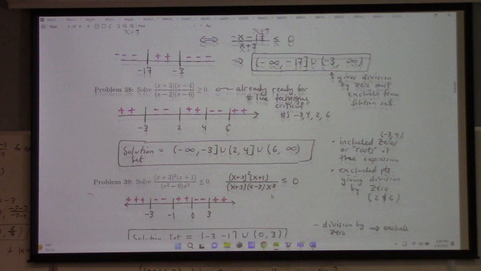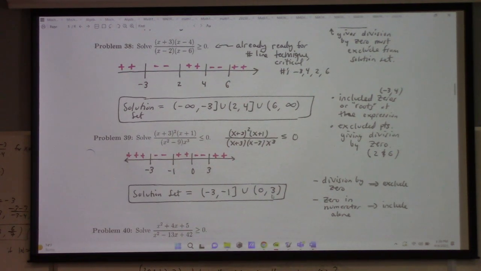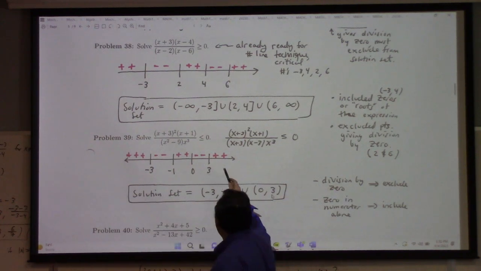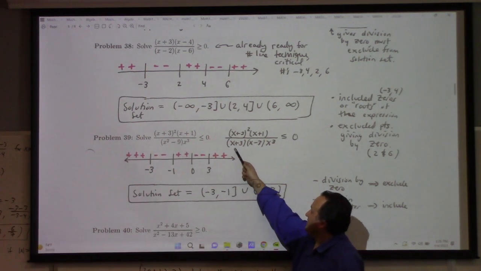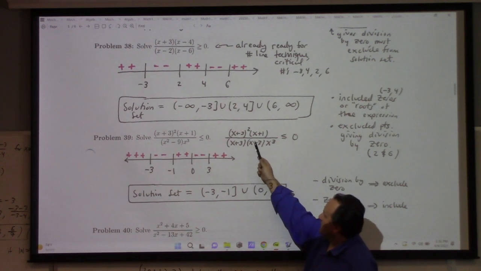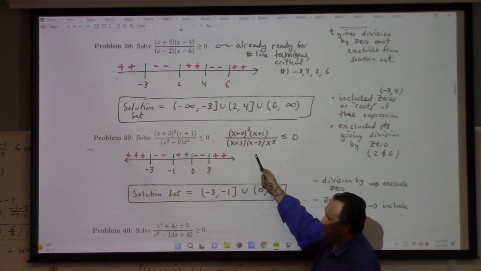Here is another. This one, instead of being positive, it's negative. We're looking for less than or equal to 0, right? So here, I have to factor the denominator, x plus 3 times x minus 3. And if you look at it, the critical numbers are minus 3, minus 1, and 0, and also 3.